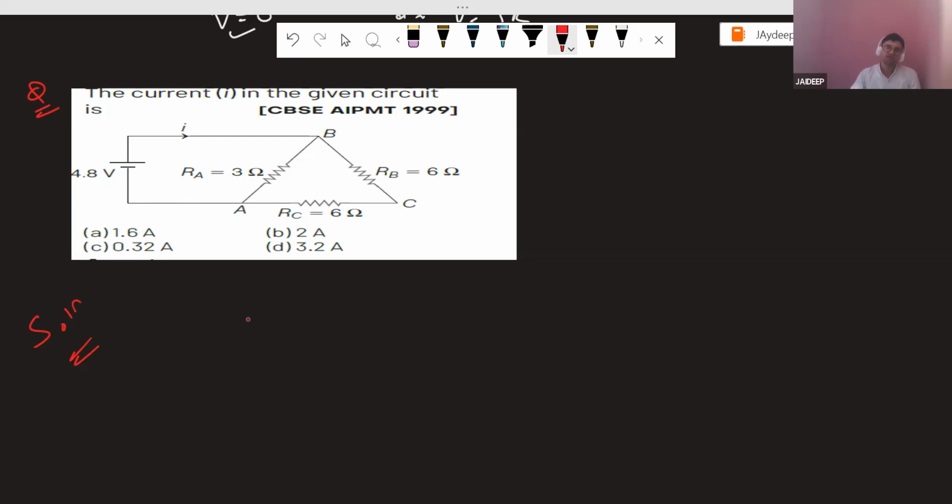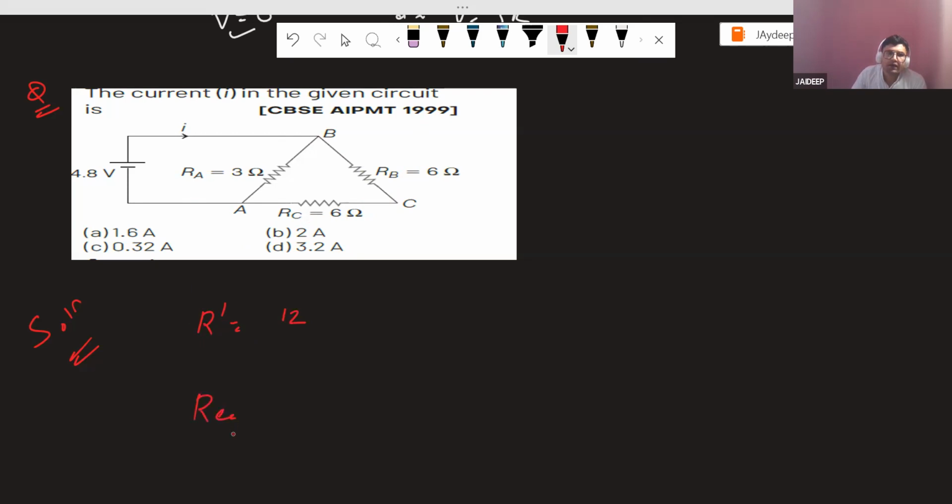First of all, we have to calculate the net resistance. RC and RB are both in series, so R dash is 6 plus 6, that is 12.